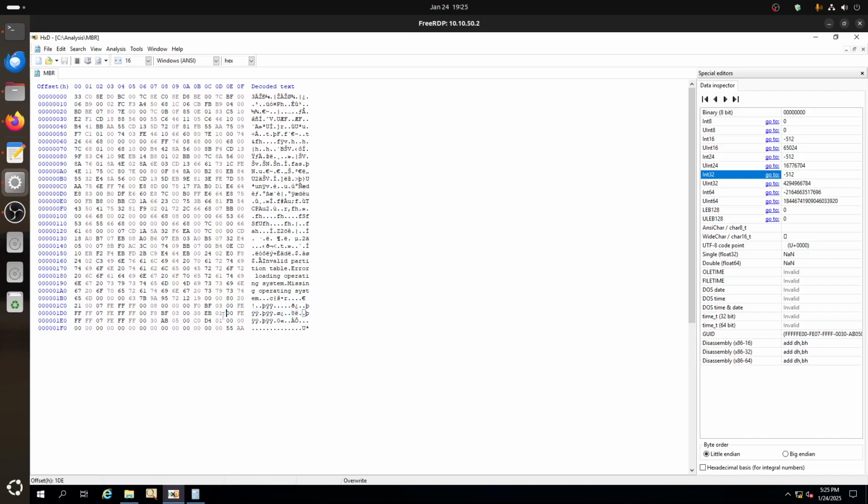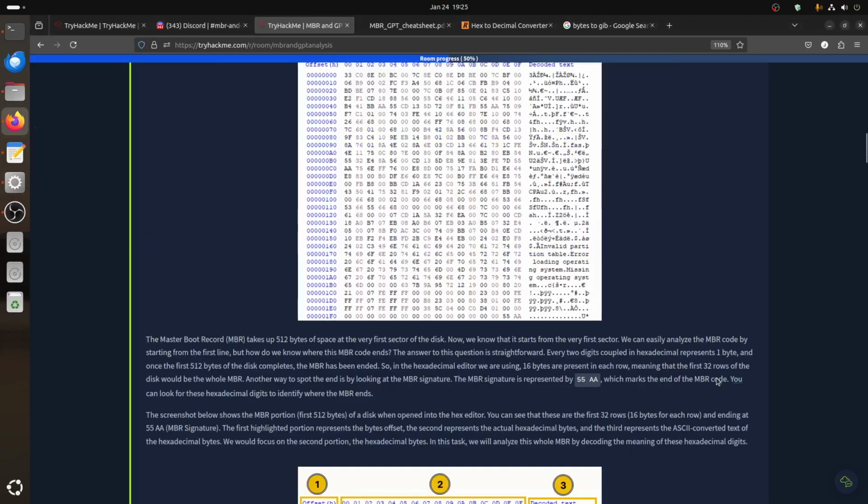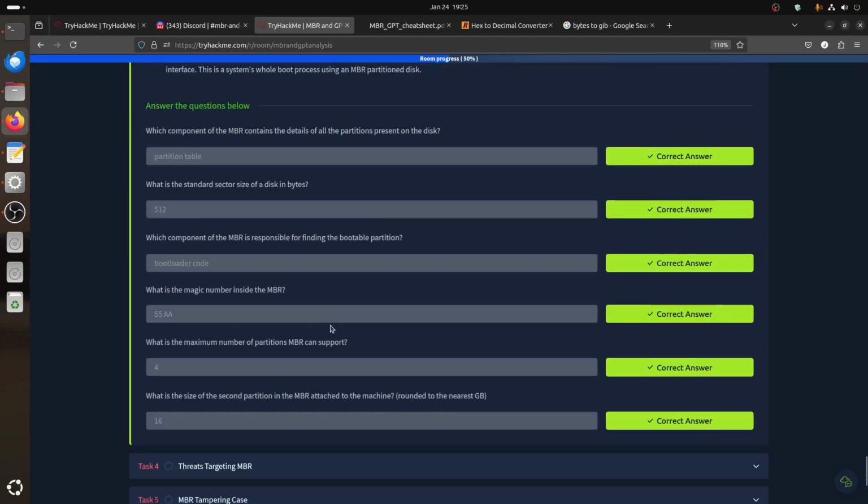And see, these are 3 partitions in this MBR. The question was for the 16. Second partition.